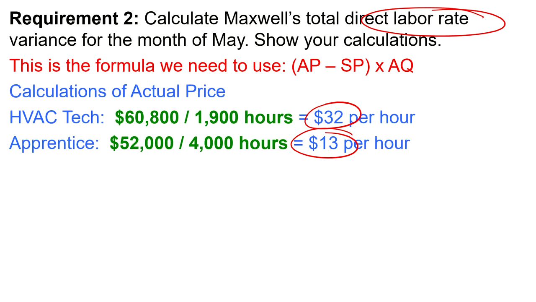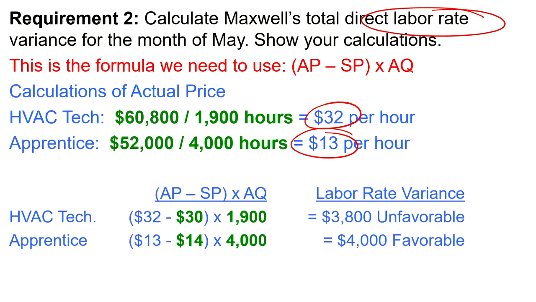And then if we go ahead and put the numbers that they've given us into our formula, these actual prices fill in the last two numbers. We were told that the standard rate for the HVAC technician was $30. We were told that the apprentice's rate was $14. We were told that the actual number of hours was 1,900 for the HVAC technician and 4,000 for the apprentice. And so we are able to calculate that we had a $3,800 unfavorable for the HVAC technician and a $4,000 favorable for the apprentice.